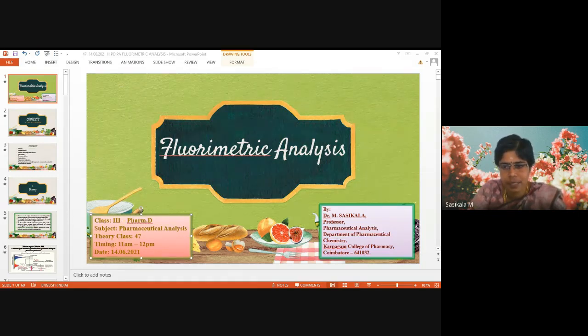At least type in the chat box. If you are not able to say orally, give your answers in the chat box. Then only I come to know whether you are listening to the class or not. What is the example for molecular absorption spectroscopy? If you are not saying, I will not proceed with the class.